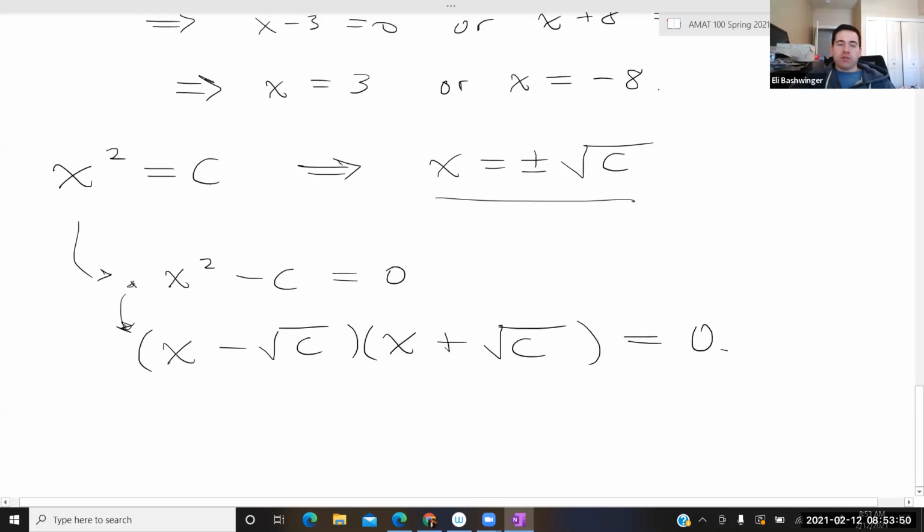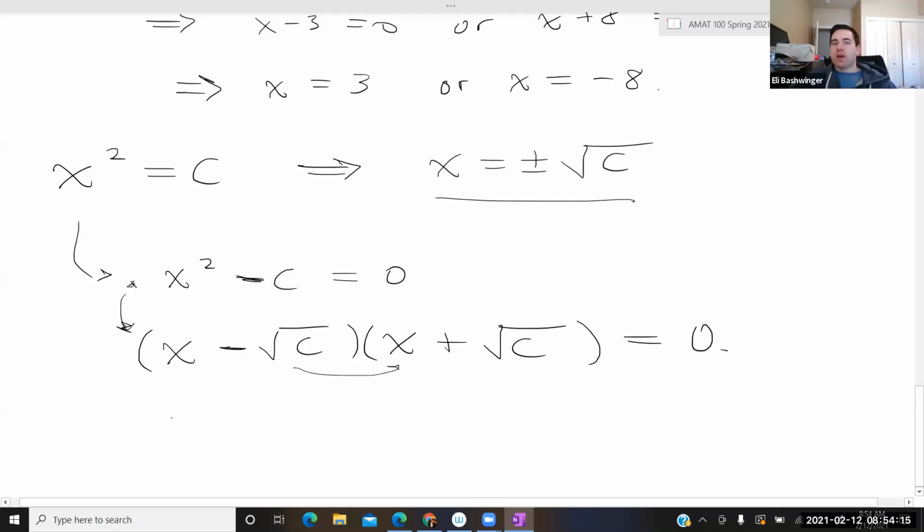If you FOIL through, you get x squared, then x times the square root of c, and over here negative square root of c times x, so the middle terms cancel out. Multiplying square root of c times square root of c just gives you c back, with the negative sign.